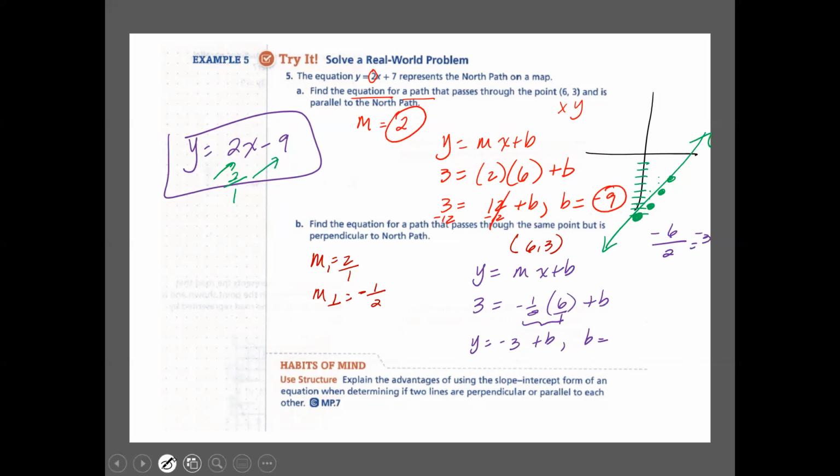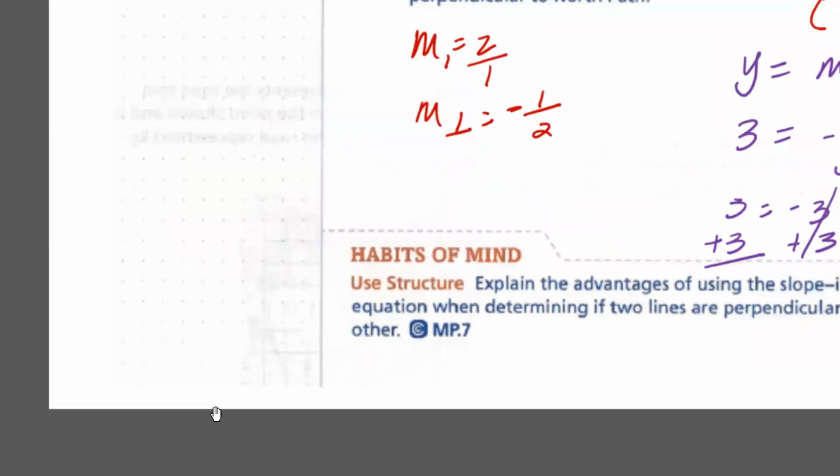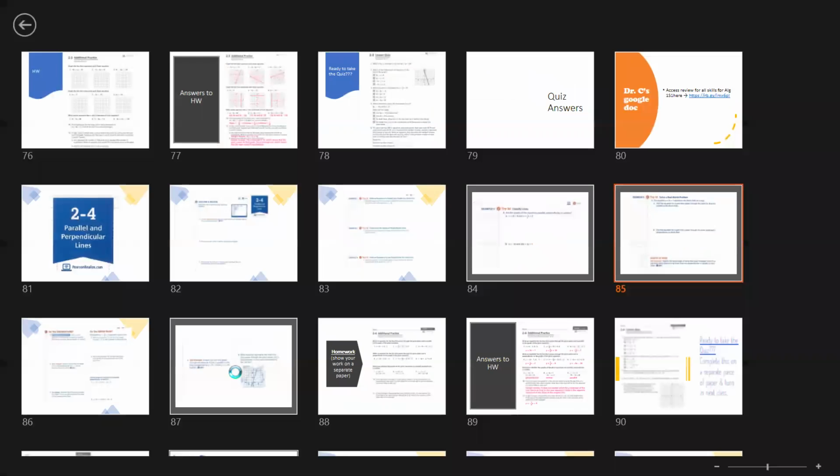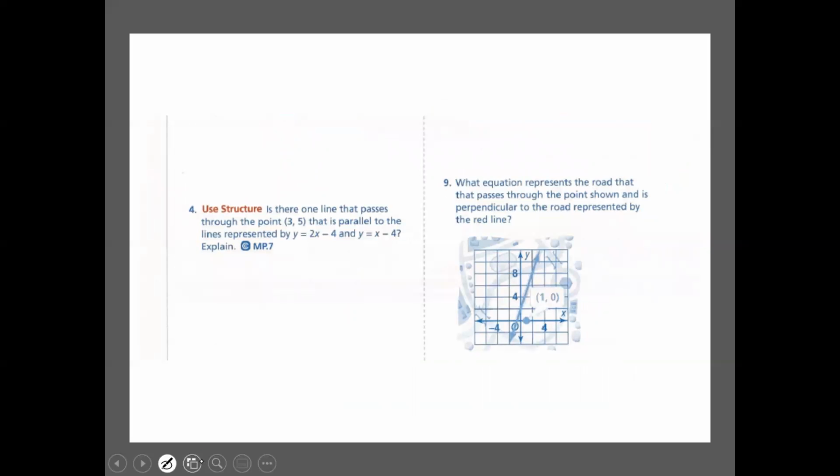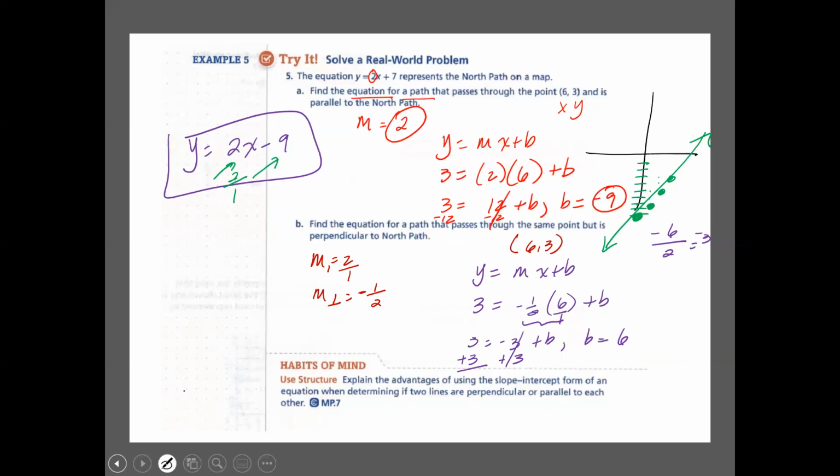If I need to solve for b, I would add the 3 on both sides. 3 plus 3 is going to give me a 6. So now that I have my slope and I have my y-intercept, I can complete the equation. y is equal to negative 1 over 2x, which is the perpendicular slope, plus 6.